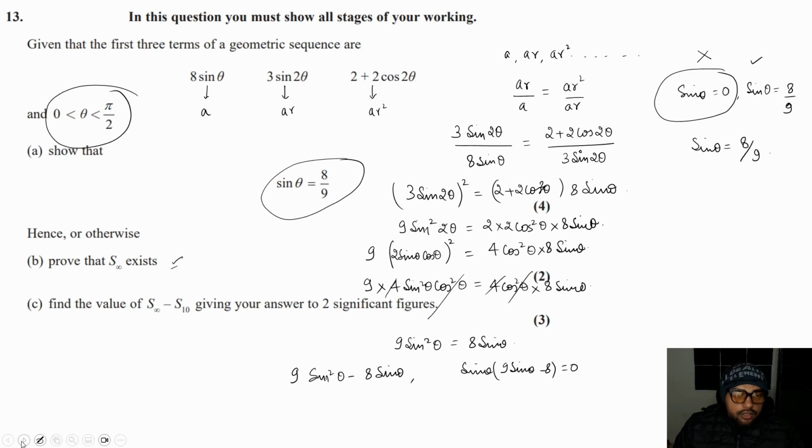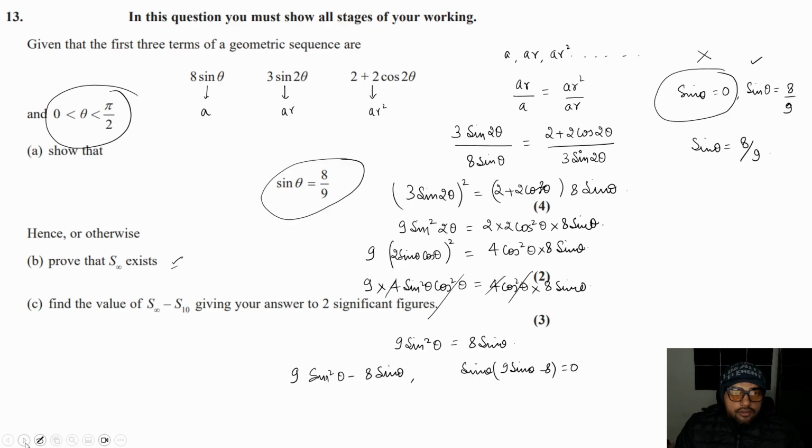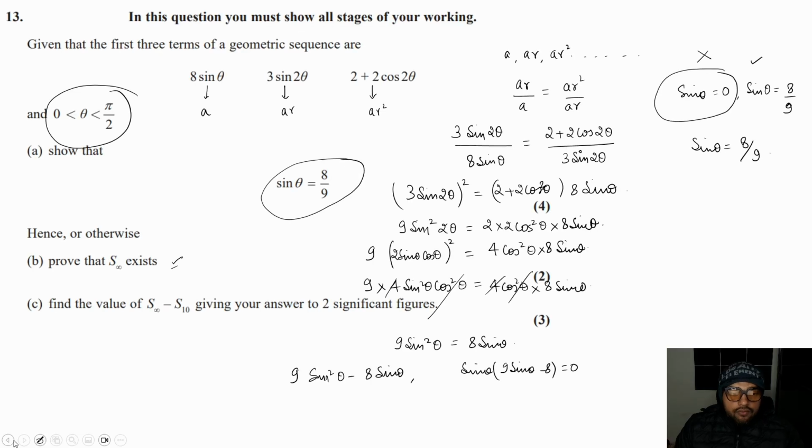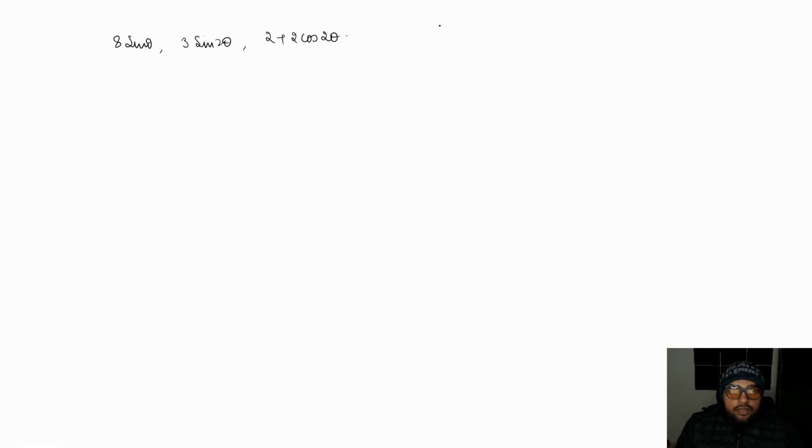The first component was 8 sin θ. The second component was 3 sin 2θ. The third component is 2 plus 2 cos 2θ. We have got the value of sin θ equals 8 by 9.